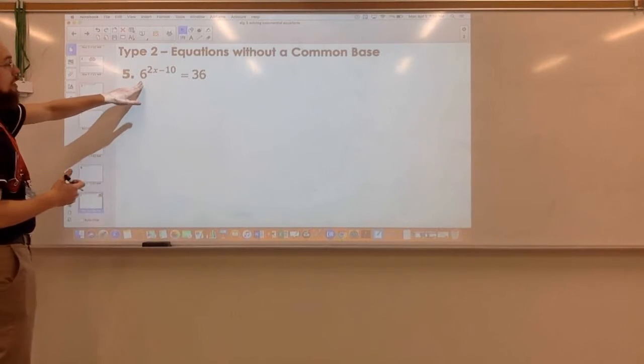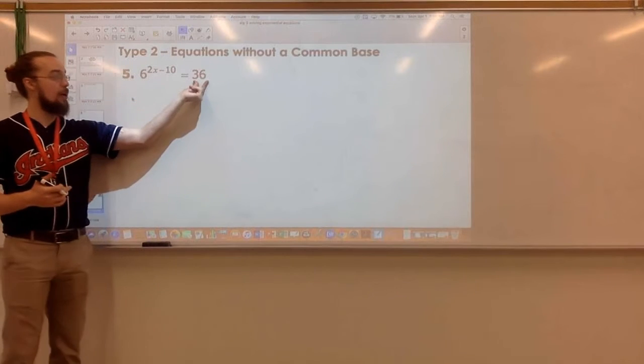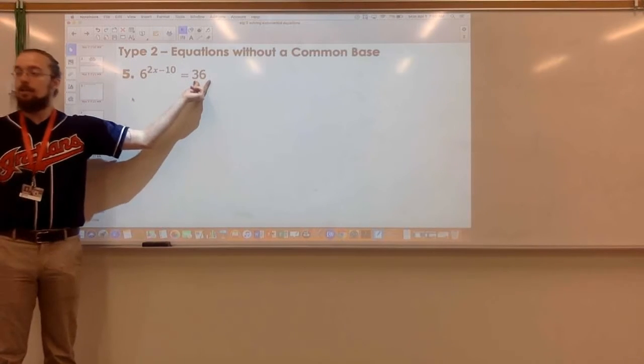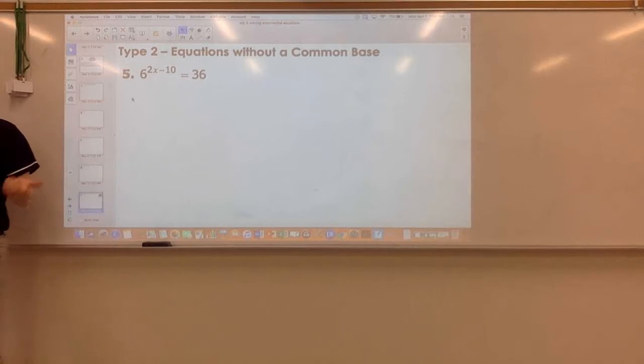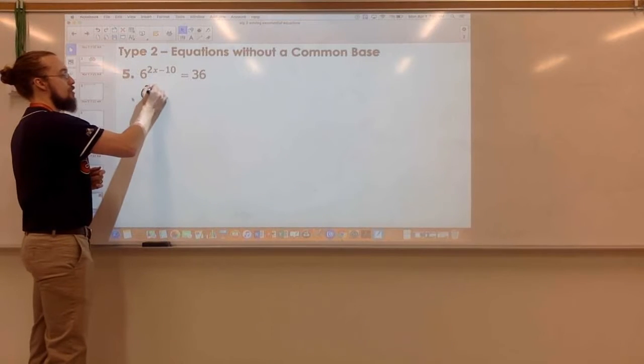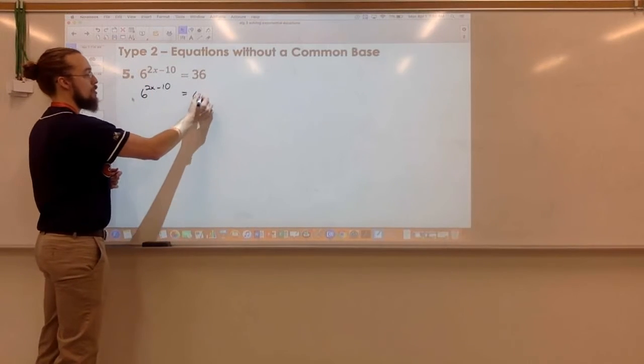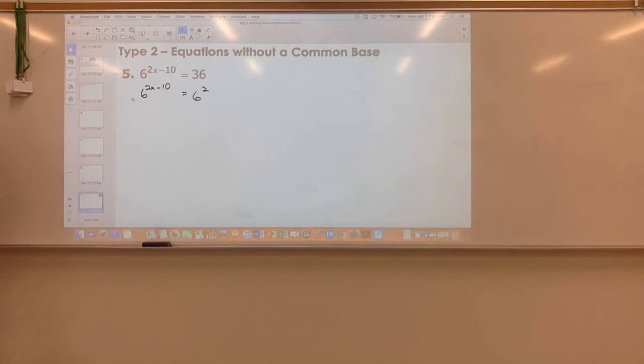So we can see this has a base of 6. I want to figure out how to write this with a base of 6. So Mikey just told us 36 is the same as 6 to the second power. So I can say 6 to the 2x minus 10 equals 6 to the second power.